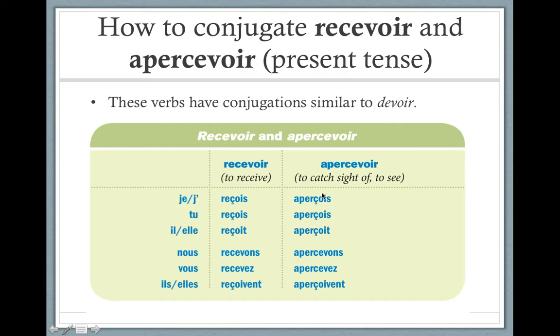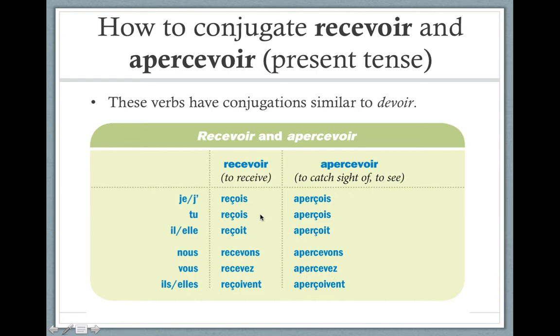And then we have kind of the same endings for apercevoir. So it's j'aperçois, tu aperçois, il aperçoit, nous apercevons, which again is very similar to recevons, vous apercevez, and ils aperçoivent.